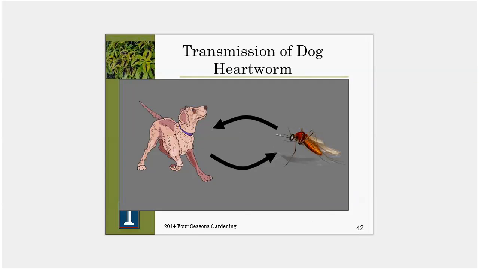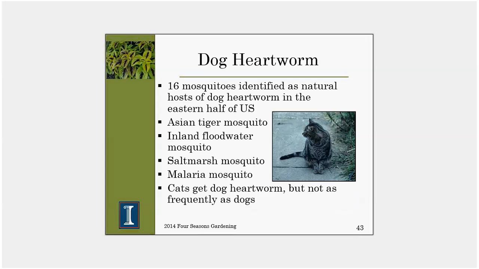Dog heartworm is transmitted by a variety of mosquitoes directly from dog or other mammal to dogs or cats. There are 16 mosquitoes identified as natural hosts for dog heartworm in Illinois, the eastern half of the U.S. anyway, including the Asian tiger mosquito, inland floodwater mosquito, malaria mosquito, and salt marsh mosquito.